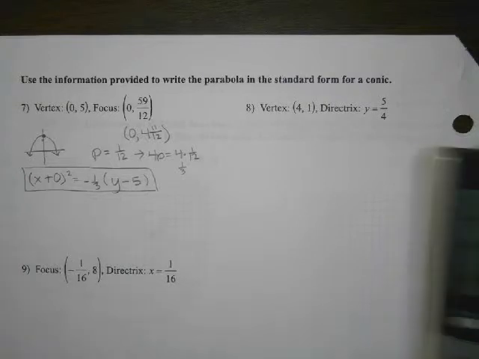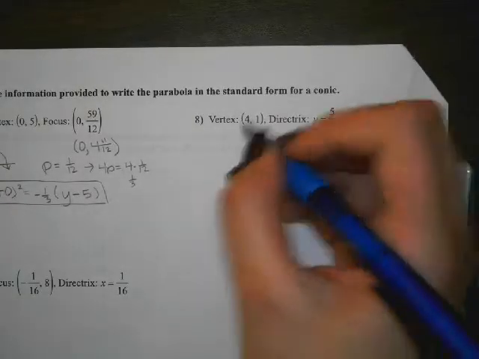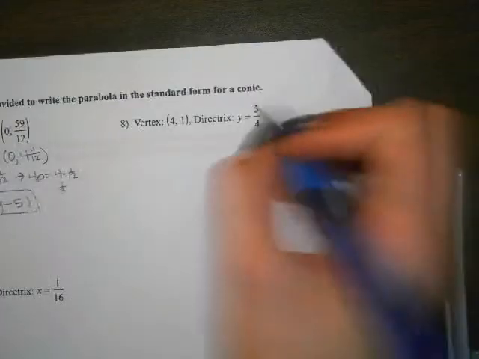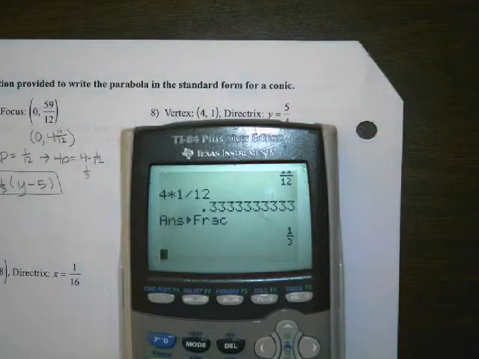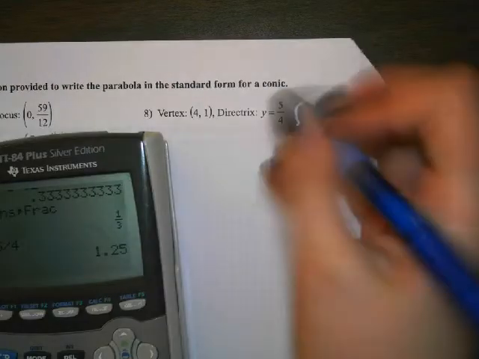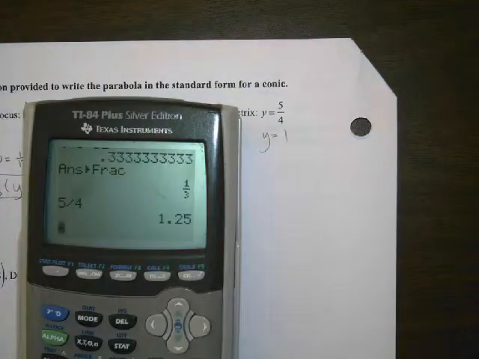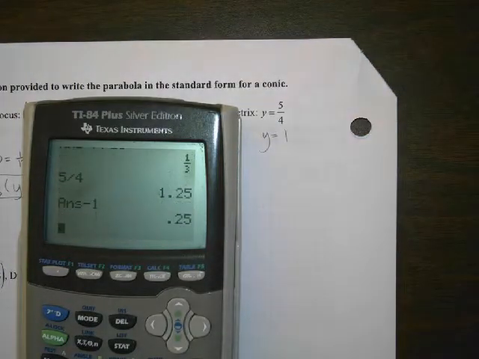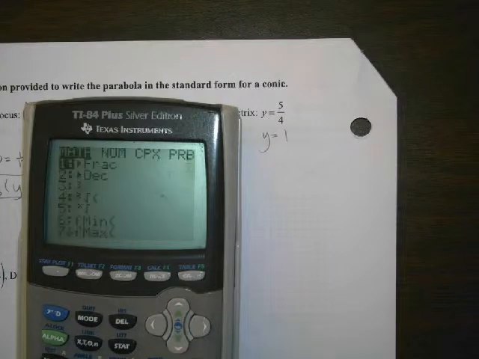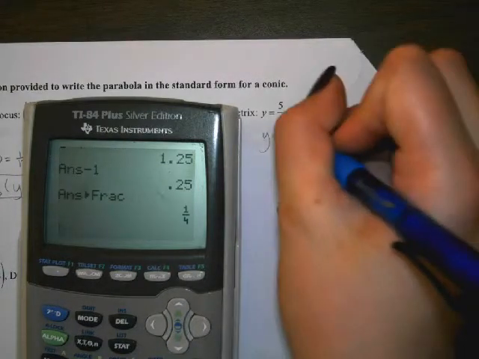Okay. Let's try the same thing on number 8. So our vertex is 4, 1, our directrix is 5/4. So 5 divided by 4 is 1.25. So I'm going to subtract off the whole number, and I'm going to take the decimal and turn it into a fraction.